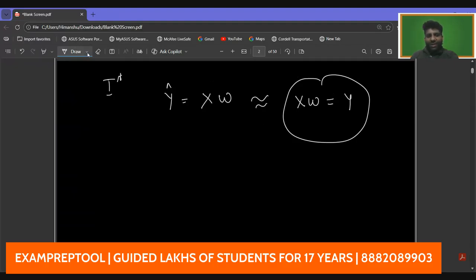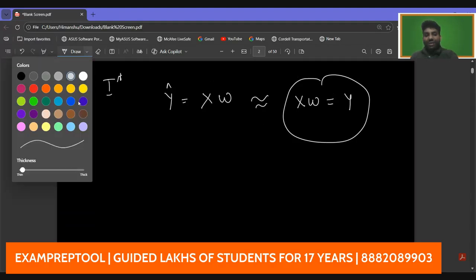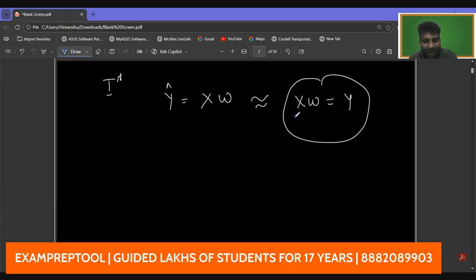Now, if I just write the dimensions, which actually helps us understand something very important over here, what is the dimension of this? This is n into d. What is the dimension of this? d cross 1. What is the dimension of this? n into 1. Now, you could have told, sir, if I want to find out w, and if w is my perfect solution, can't I write w, the optimal w?